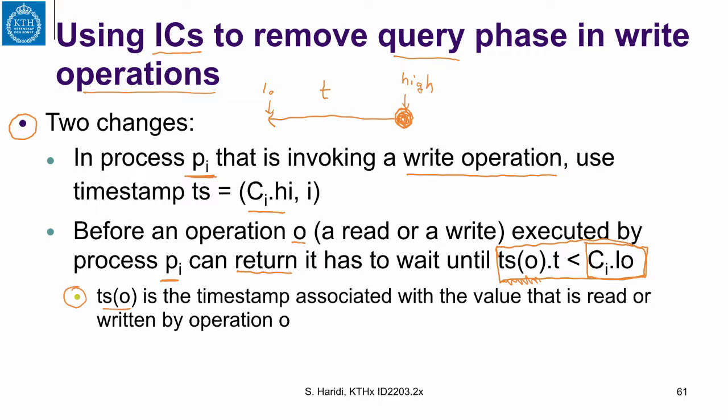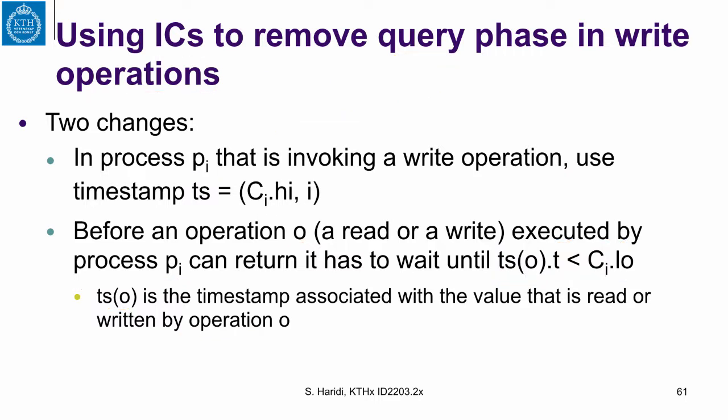TS_O is the timestamp associated with the value that is read or written by operation O. Before you return from the operation, you have to make sure the timestamp of the operation is less than the lower bound of the current clock time. Let us try to understand this by some intuition why this is true. That's what we are going to do in the next slide.